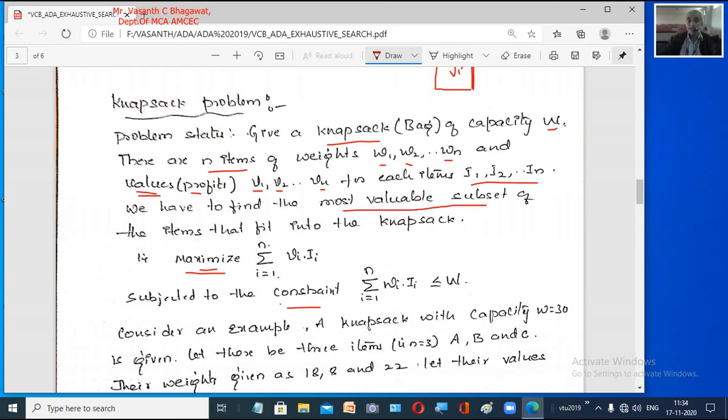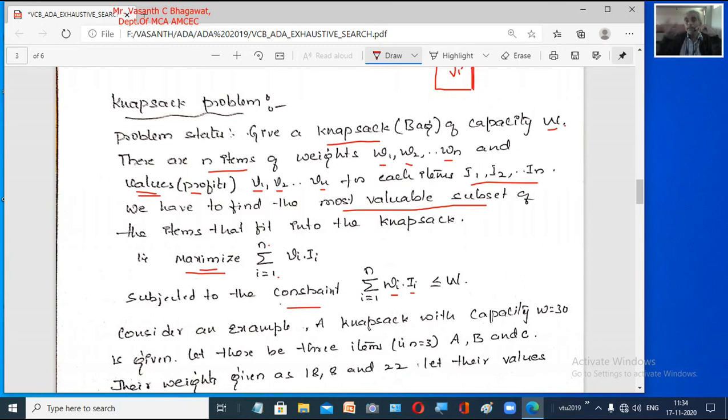The constraint says that when you find the summation for i equal to 1 to n of Wi into Ii for each individual item, you take the weight of the first item, the weight of the third item, and so on, and when you sum them you get some total weight.